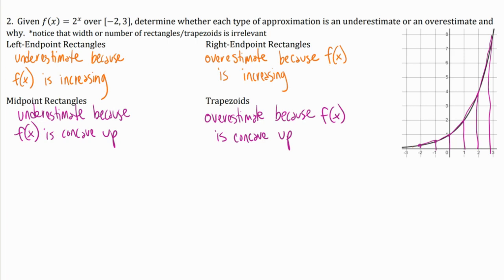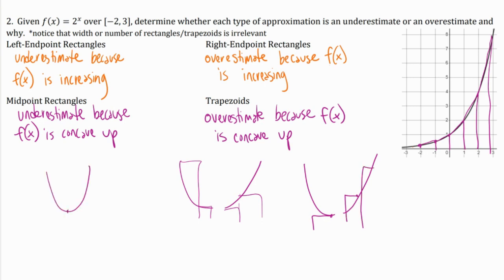Okay, left and right endpoints depend on whether the function is increasing or decreasing. I did that backwards, but: left endpoint, if the function is decreasing, over. Left endpoint, if it's increasing, under. Right endpoint, if decreasing, under. Right endpoint, if increasing, over. And then for concavity, concave up: midpoint rectangles, under; trapezoids, over.